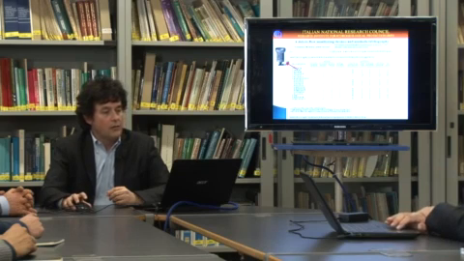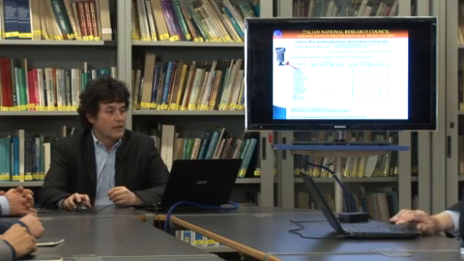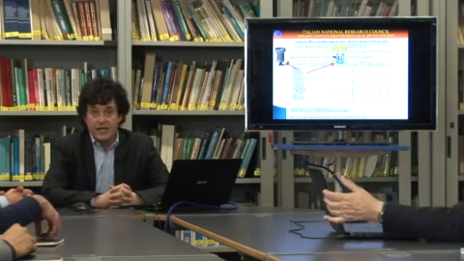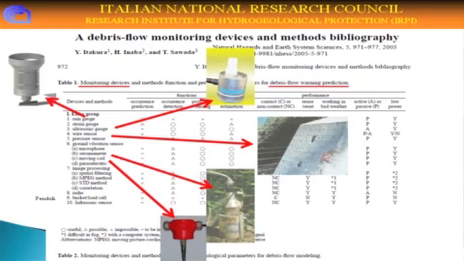Let's see some of them. Well, of course, rain gauges are widely used to collect information regarding the rainfalls that can trigger the debris flow itself. Then we have the stage sensors to monitor the stage level in the torrent.